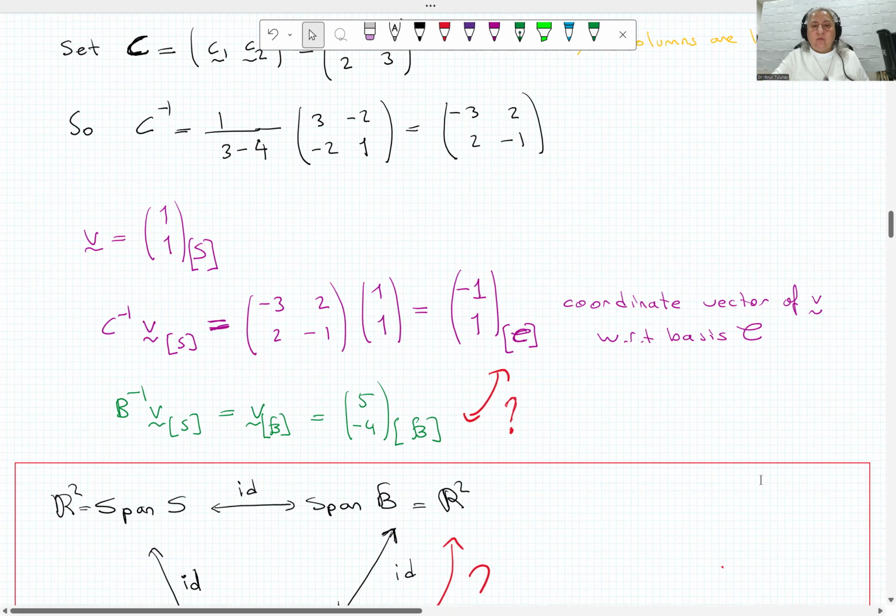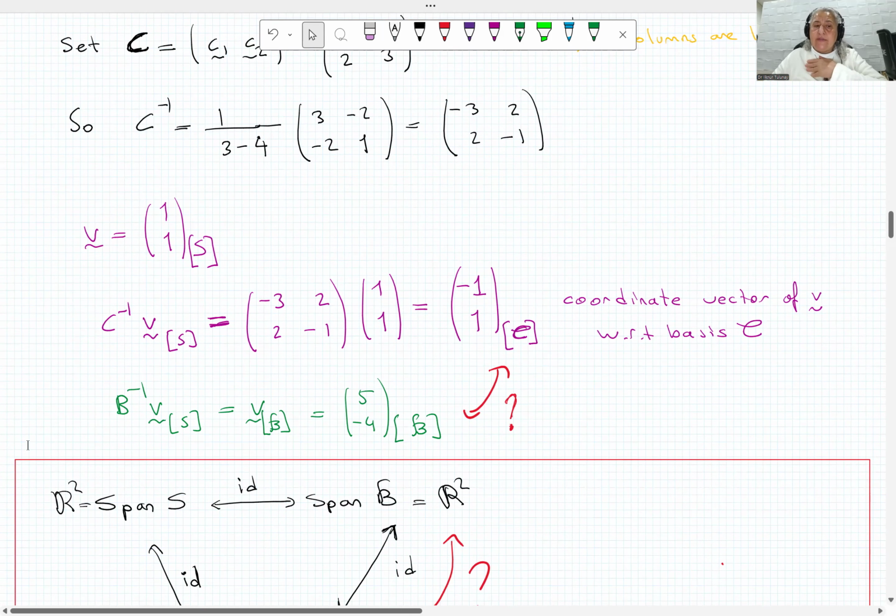Now, we also have 5 minus 4 as the coordinate vector with respect to B. That's what we calculated before. So the question is, we would like to figure out how to move from this basis to this basis, or this basis to this basis. How can we move between these two bases?